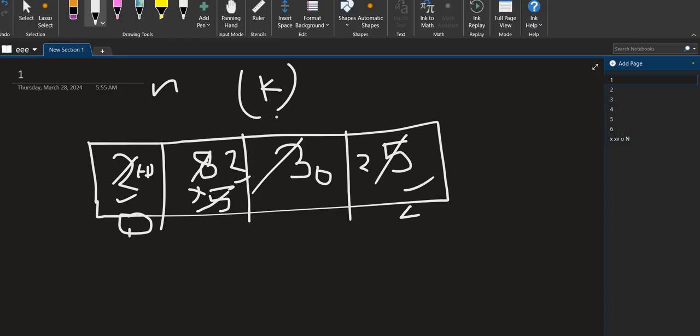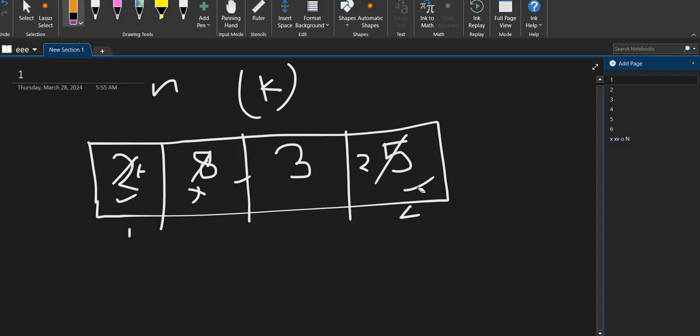At the end of the day, it doesn't matter how much bigger the value is. If it is bigger than k, what you simply did in the previous example was, let me see.